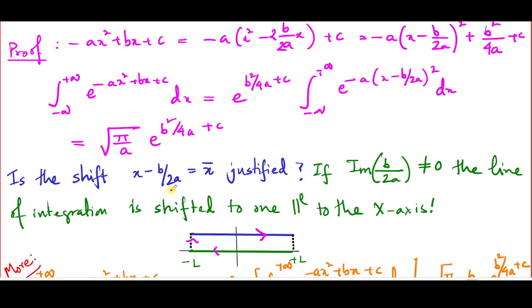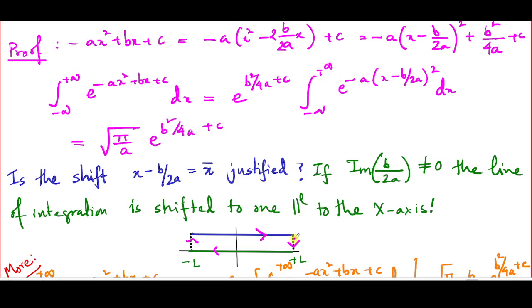Now, the integrand, an exponential of minus az square plus bz plus c, where z is just a general complex number x plus iy, happens to be completely analytic in the region that is being enclosed by this closed contour. Therefore, the integral over this closed contour is 0.